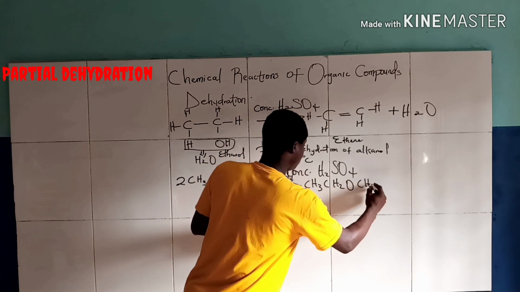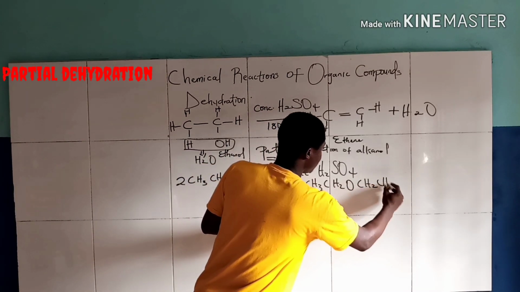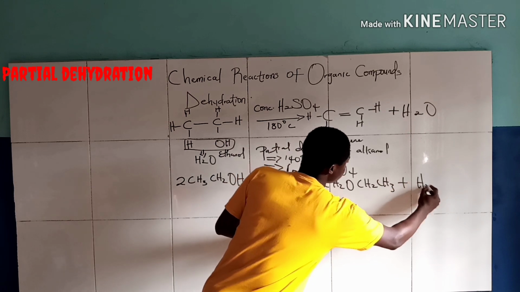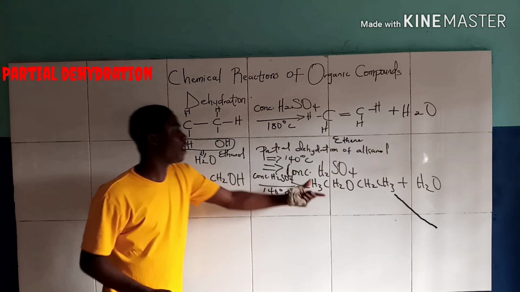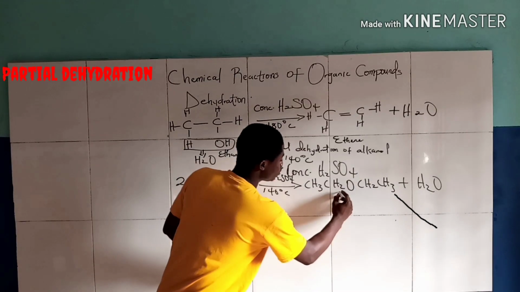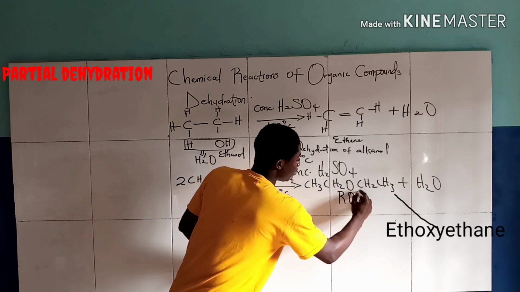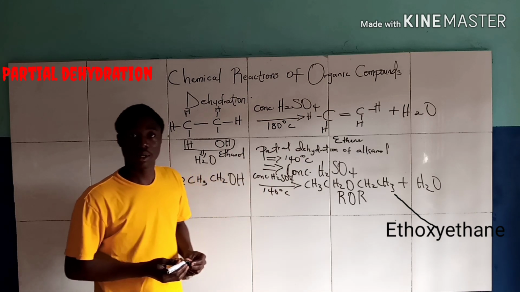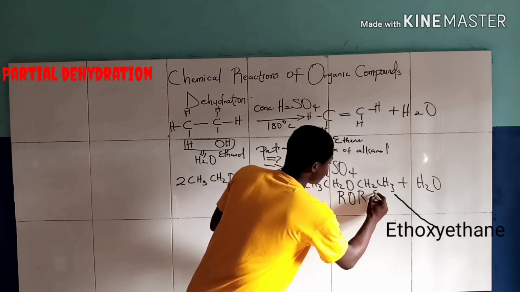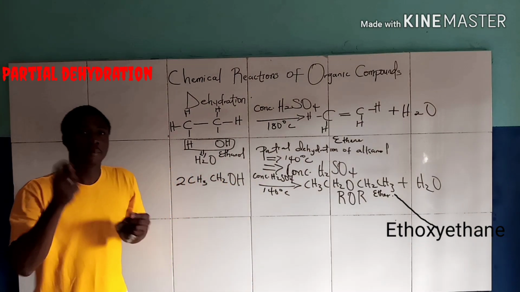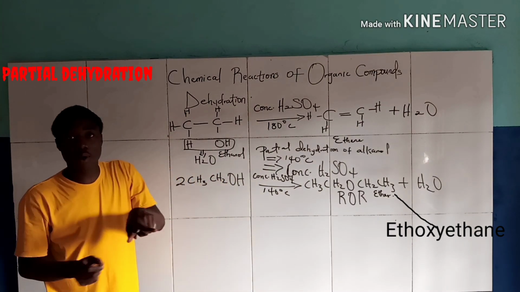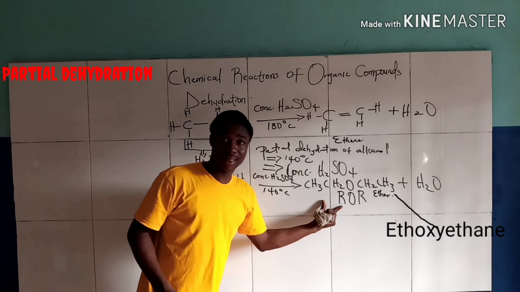CH3CH2O CH2CH3 with the elimination of water. The general formula of alkoxy alkanes is R-O-R. This is called an ether. So for partial dehydration of alkanols, we get ethers.